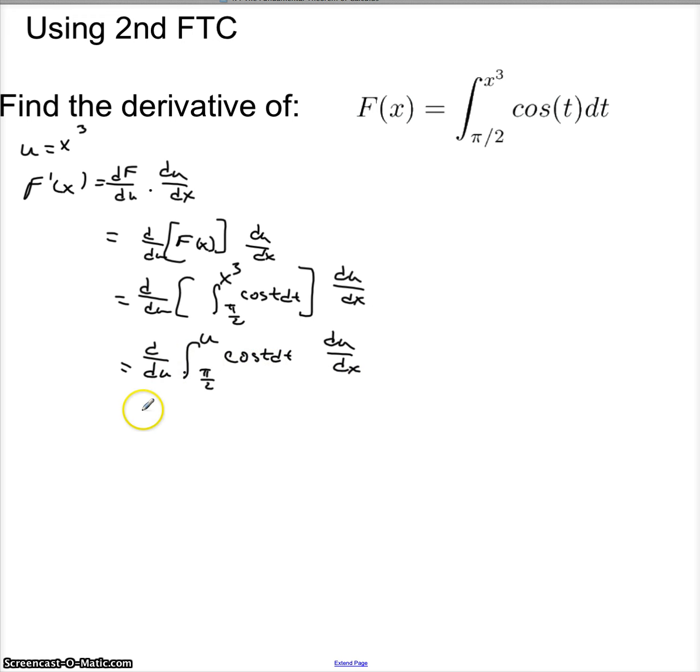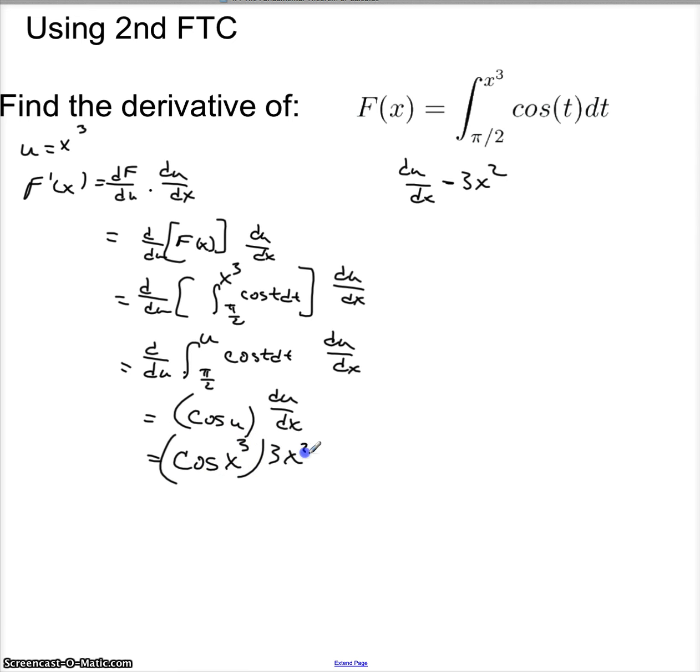Now, from the second fundamental theorem of calculus, I know this is just cosine u, times du dx. Now I need to figure out what du dx is, don't I? Du dx is 3x squared. So, taking all of my conversions, going back from u to x, cosine u is cosine x cubed. Du dx is 3x squared. So this becomes 3x squared cosine x cubed. Done.